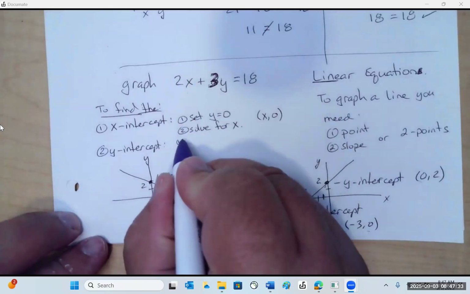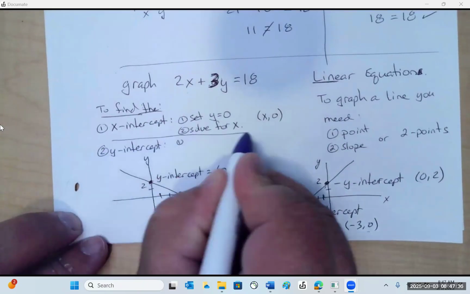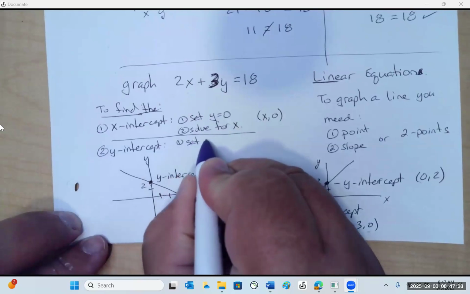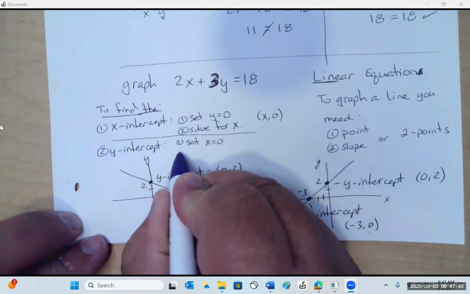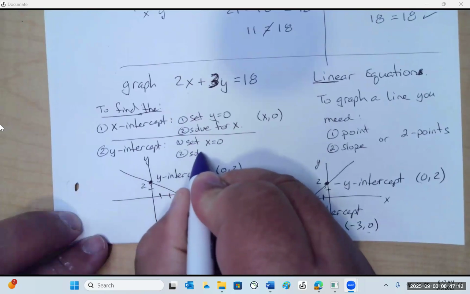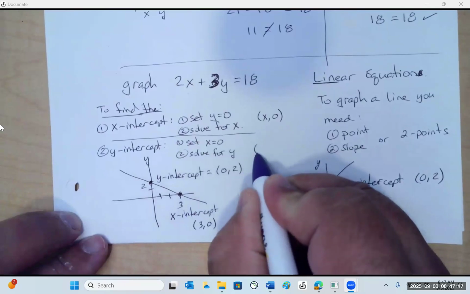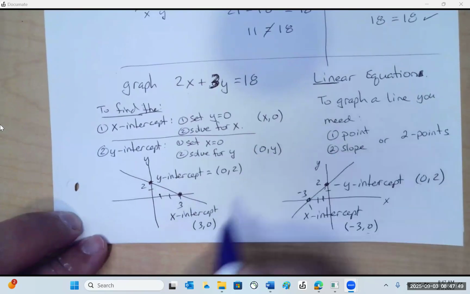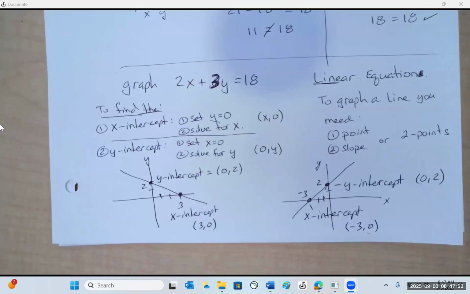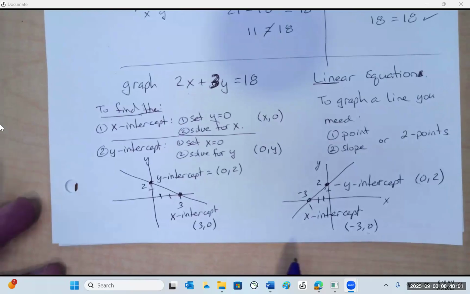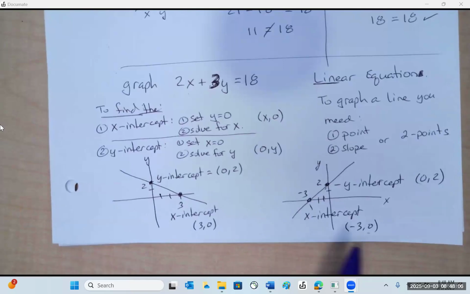So for the y-intercept, set x equal to 0, and then solve for y, which is going to give us 0, comma y. Once you find those, you can plot the 2 points and you can draw the graph.